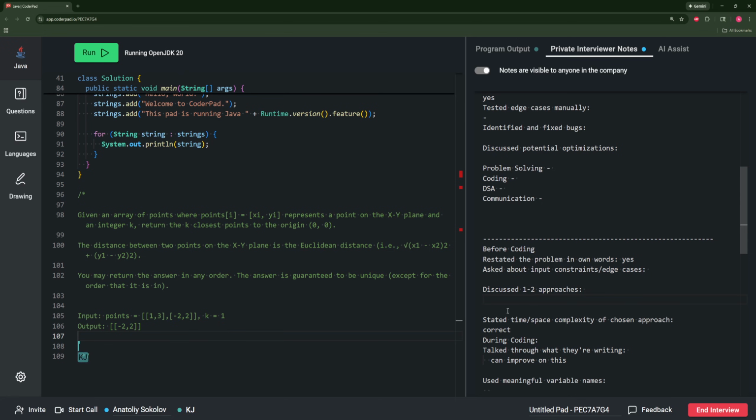Okay, so thinking that I can iterate the points array and find the distance of each point to the origin. And I also need to return the k closest points to the origin. Let me think about it.